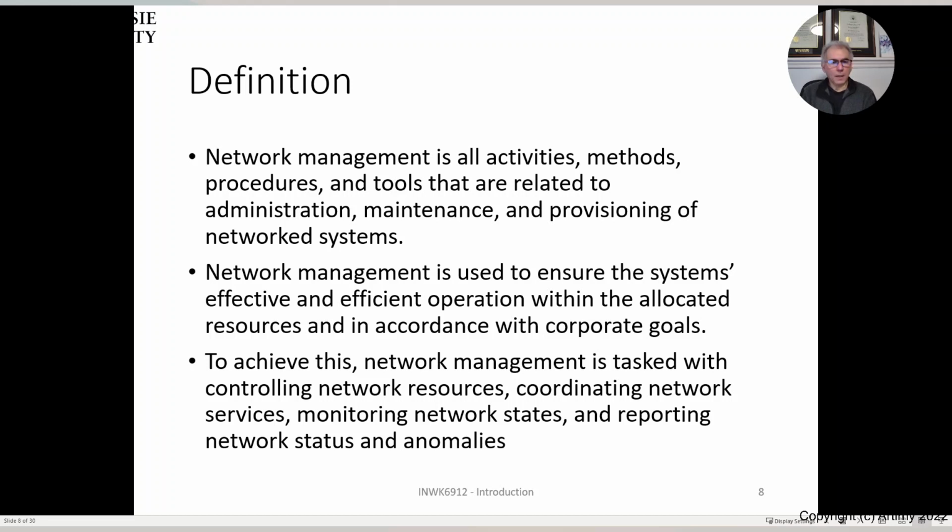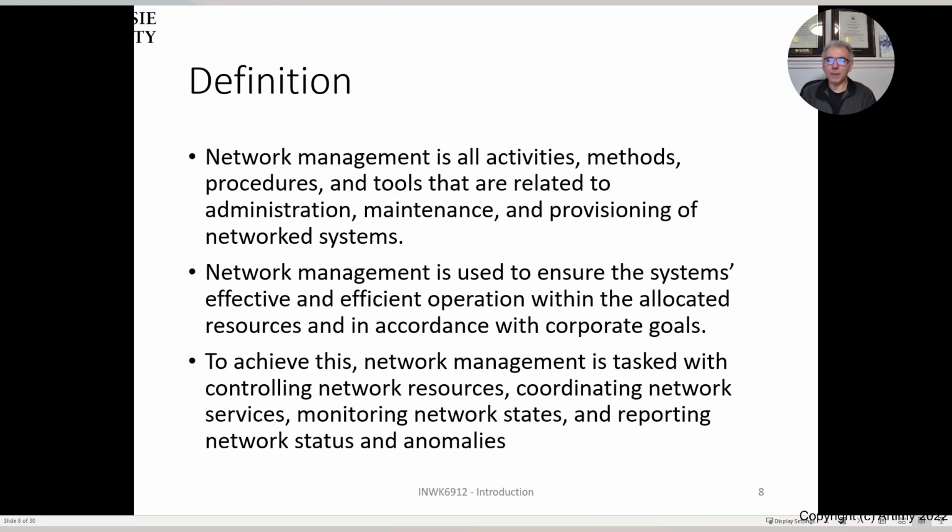So that covers a lot of tasks. Right. So all activities. You notice here that we're not talking about protocols. We're not talking about technologies. I'm not saying anything about OSPF or BGP or RIP or spanning tree protocol or any of that.